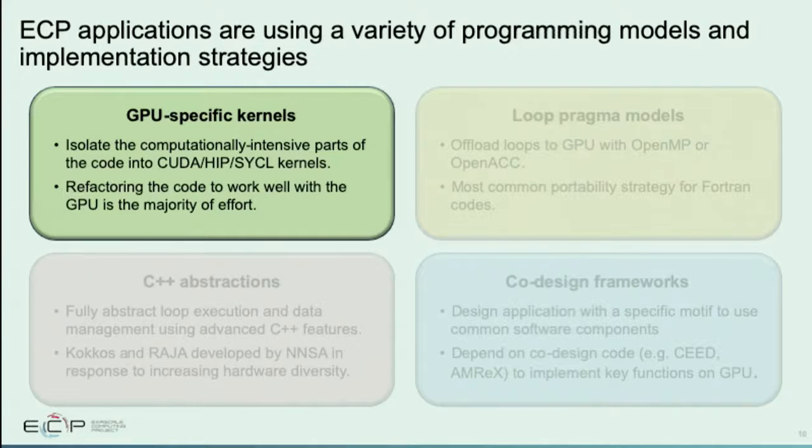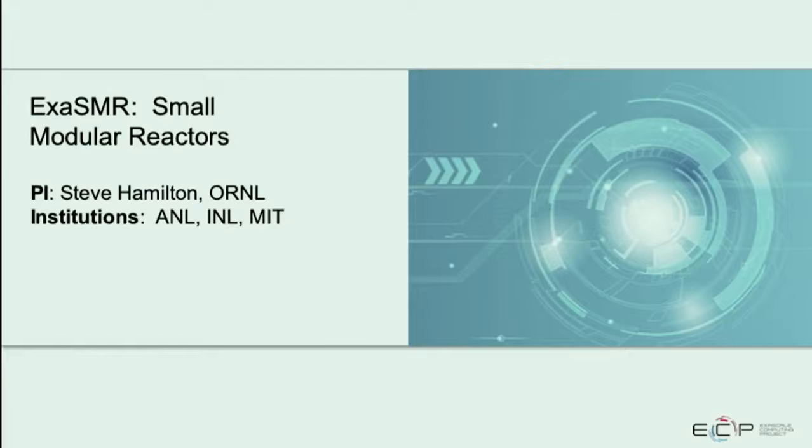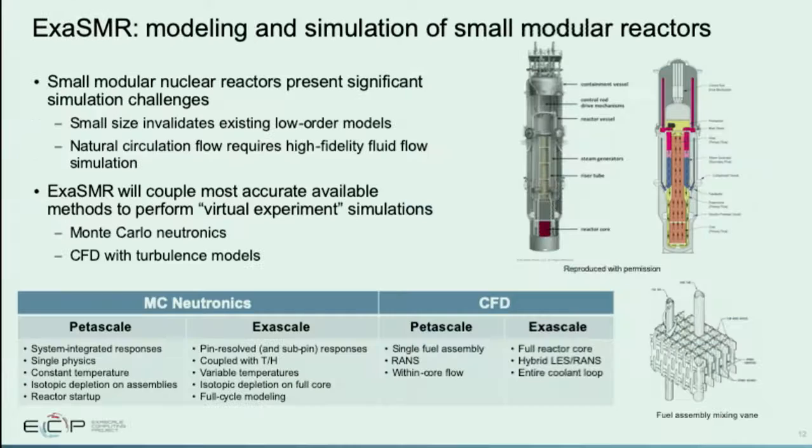All right, so the first example I want to speak to is our ExaSMR code, the small modular reactor code. The PI is Steve Hamilton at Oak Ridge National Lab. Now, I'm not an expert on small modular reactors, so don't ask too many questions, but the basic idea from the application development perspective is that you're coupling Monte Carlo neutronics with turbulent fluid dynamics.